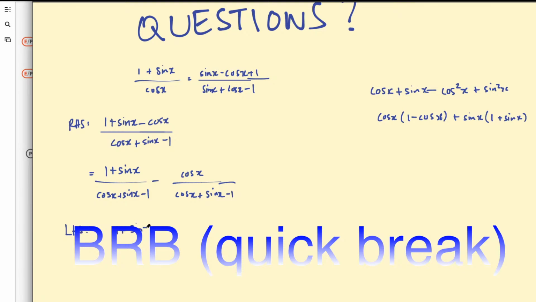What do we get with the left-hand side? This is 1 on cosine x plus sine x on cosine x.